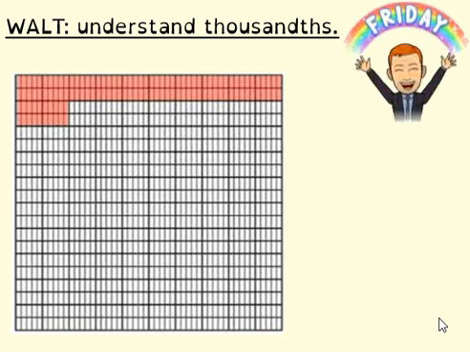If I've got 10 individual rectangles in each square: 10, 20, 30, 40, 50, 60, 70, 80, 90, 100, 110, 120. So in total, out of my 1,000 square, I have got 120 of them shaded in.